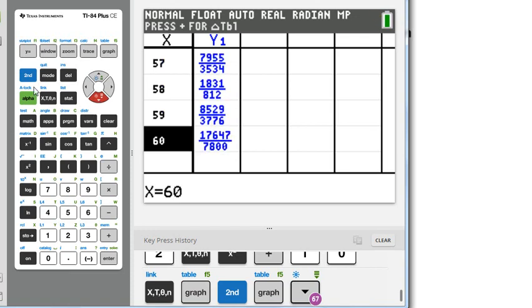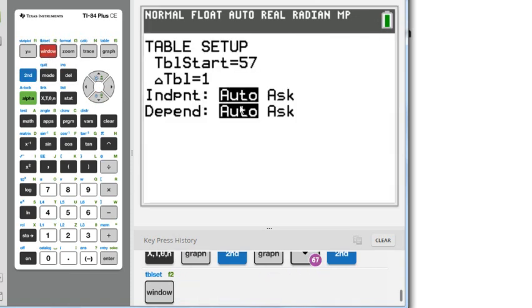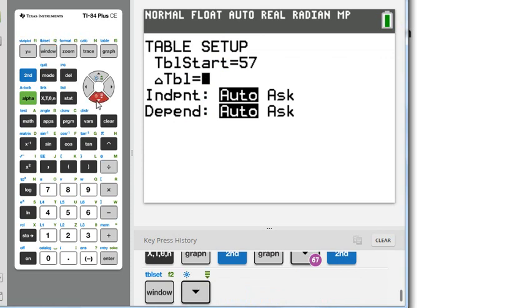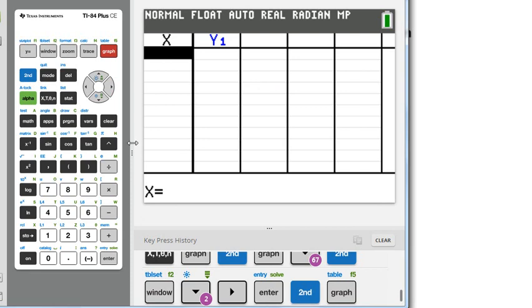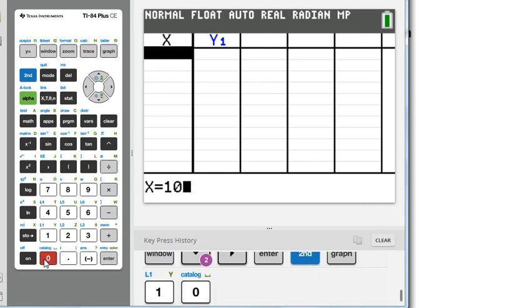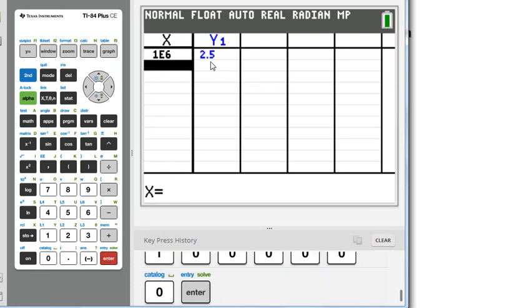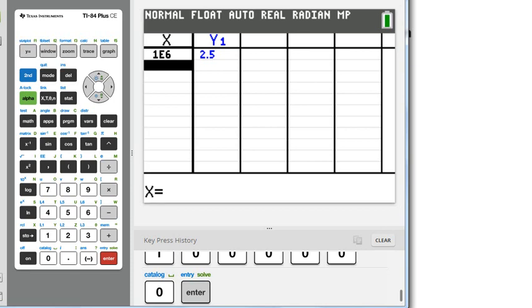So what I recommend instead, if you go to a second window to get the table set, you can go down here to change this auto to ask, and now go to the table view. Instead of scrolling, you can put a value in here and see what you're approaching. So you can put a real large number. I'm going to put 1,000,000 in here, see what we get close to. Yeah, 2.5, which is 5 over 2.